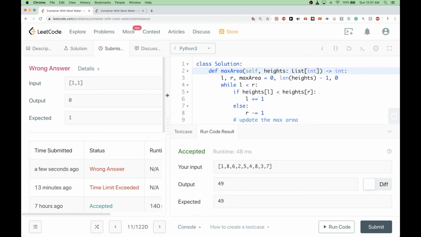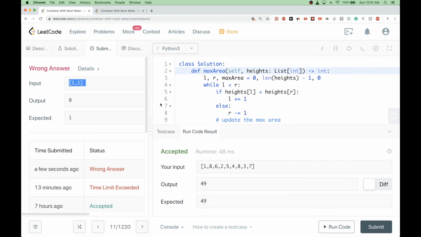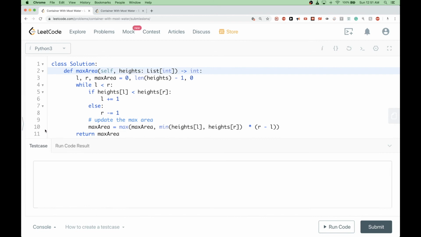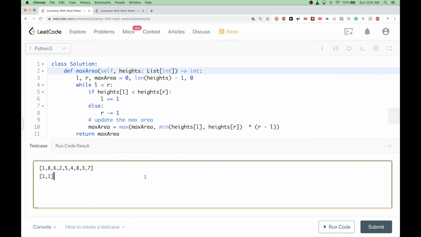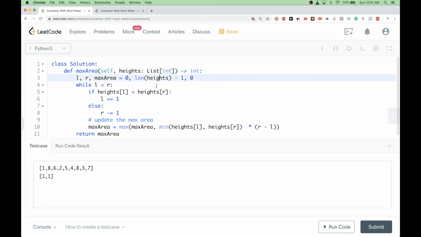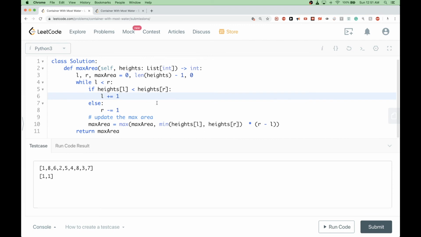There is a slight issue with 1.1. Yep, so basically the problem is I didn't initialize the first max area because I update right away and didn't initialize the first one.